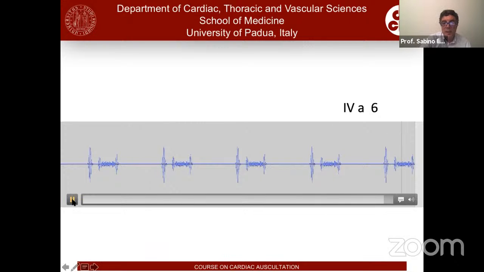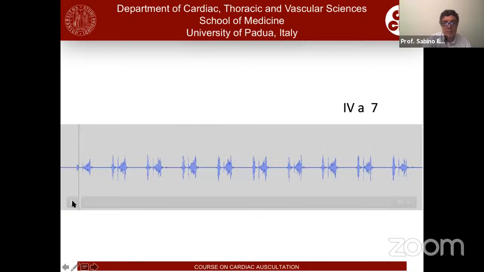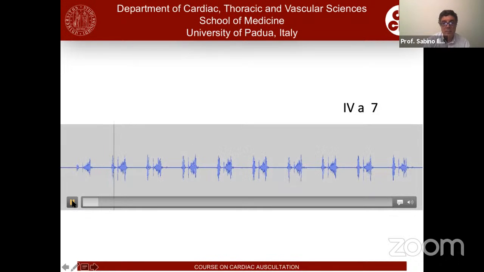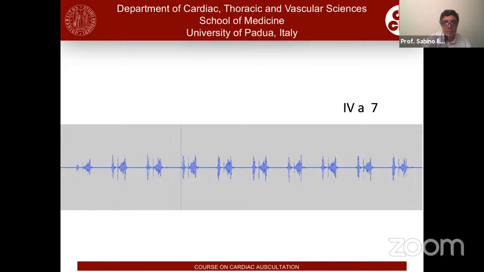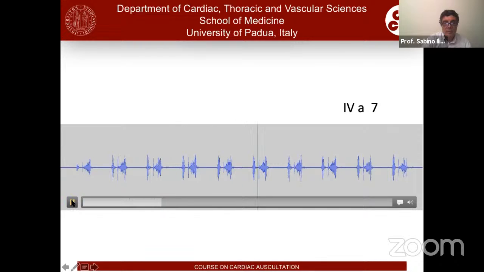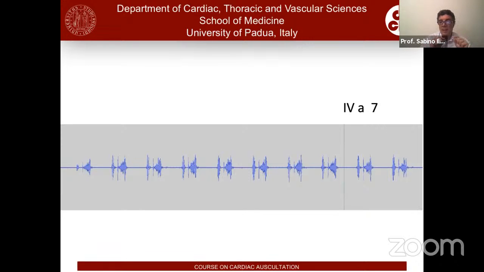So let's move to the other one and see the difference. I hope that you appreciate the fact that the intensity is constant in number 1, and increasing in number 2. So, you know where the difference is?